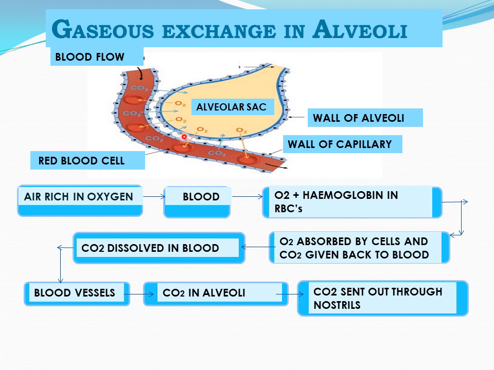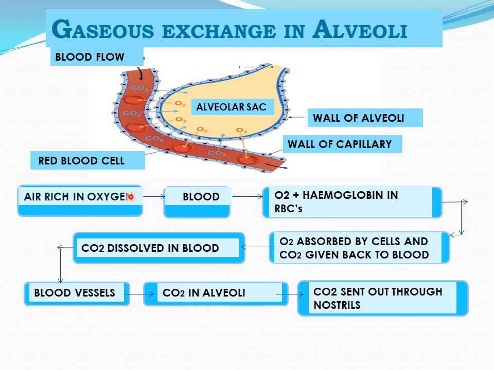So see what happens. This portion, earlier it had deoxygenated blood. Now after getting oxygen, this blood becomes oxygenated, which further reaches the heart.